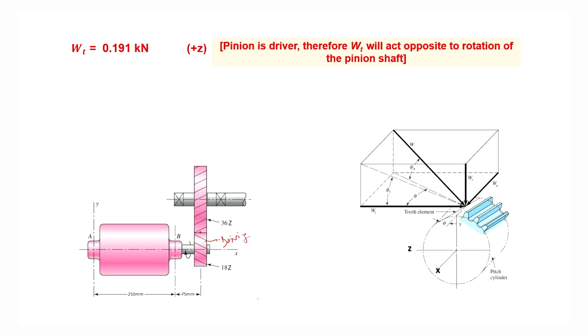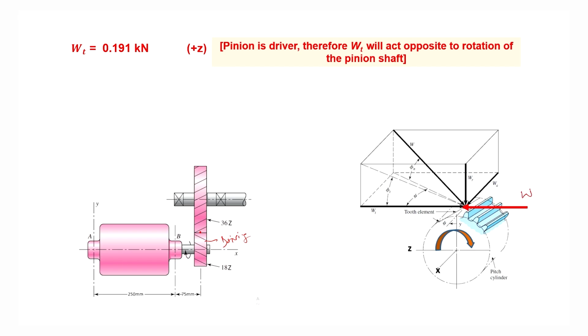So, when it is a driving gear, then the tangential force acts in the direction opposite to its rotation. Now, in the problem it was given that when we are viewing the pinion from the positive x-axis, then it is rotating in a clockwise direction. So, at the pitch point it is rotating in this way, and so the tangential force on the pinion will act in this direction.